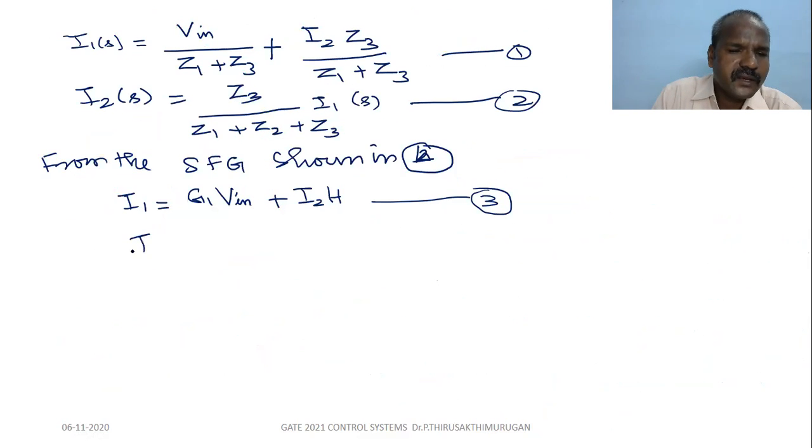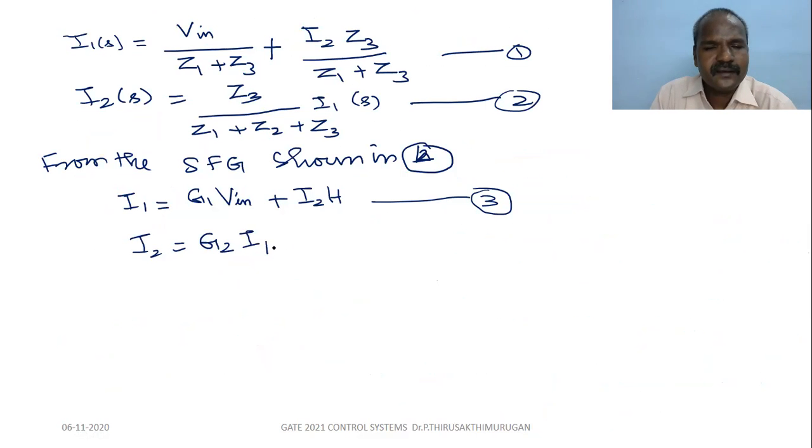So I2 equals G2 into I1. That is equation number 4. So I1 and I2 are given.